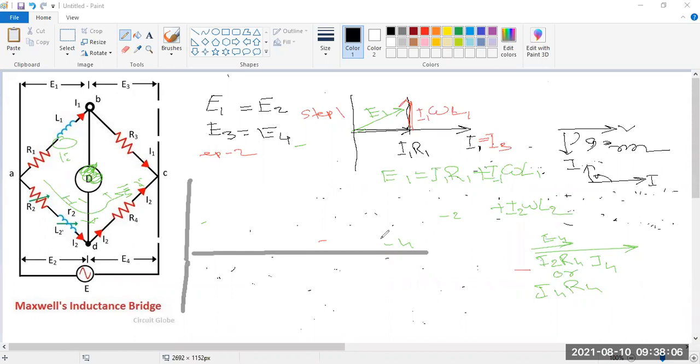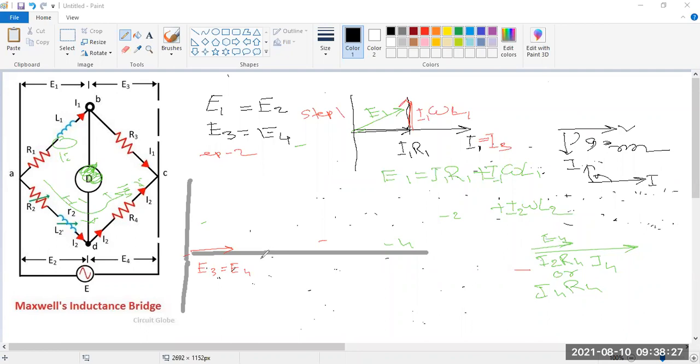Okay, so we got this. That is E3 equal to E4.